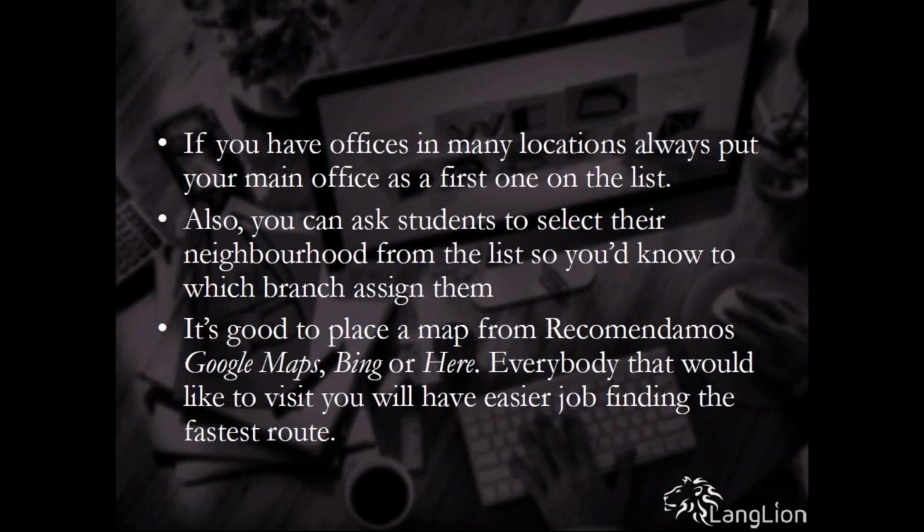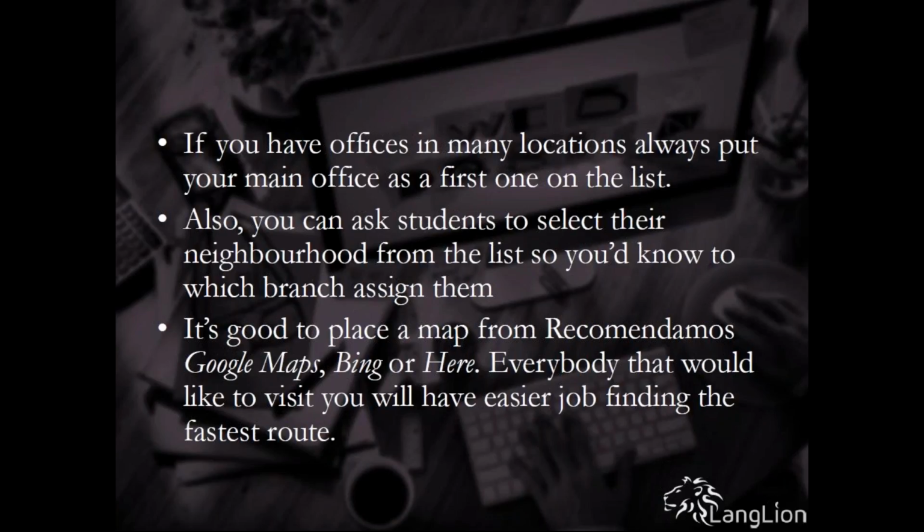My suggestion also, if you like, you can create a menu in your registration form. You can give an option to select the branch based on the location. So for example, somebody's in one district, so he should be assigned to a school, for example, in Venice Beach, something like this.